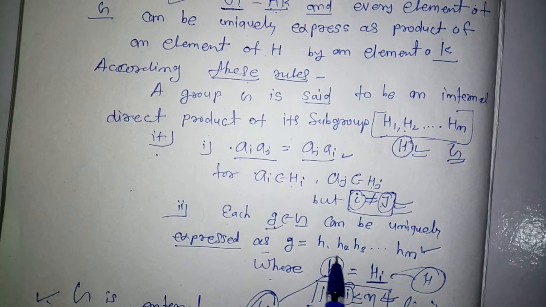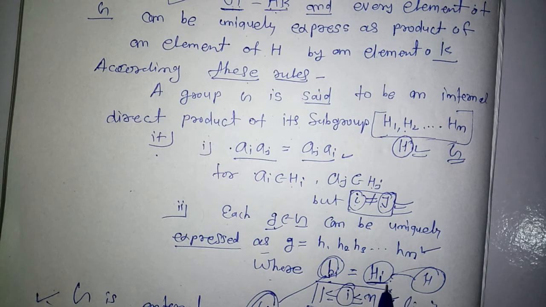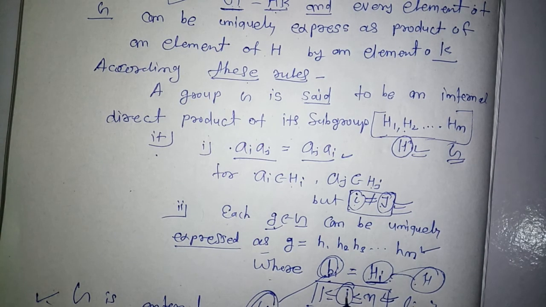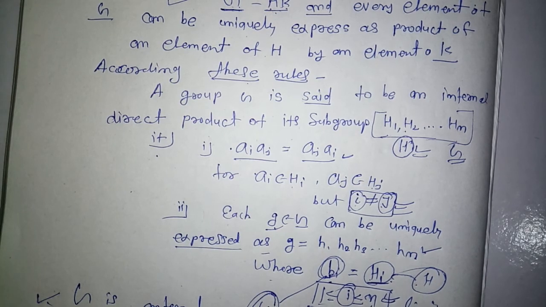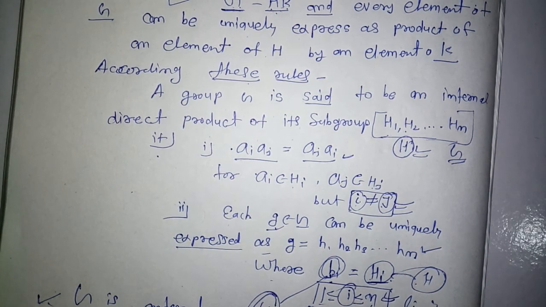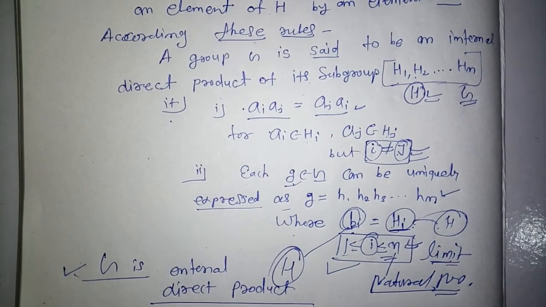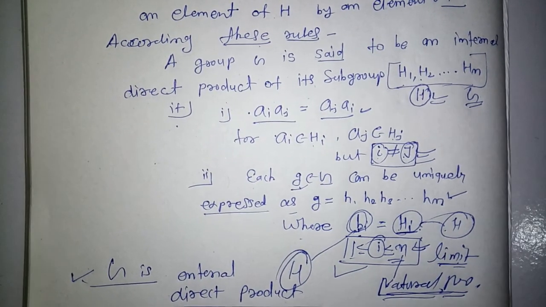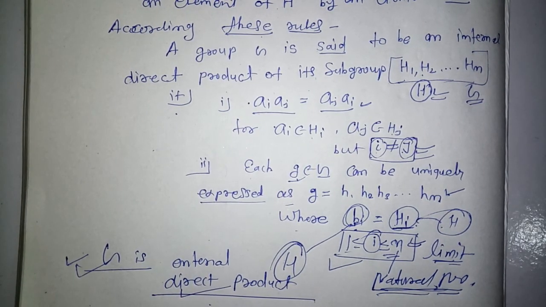Okay students, Hi is a subgroup of G. Okay students, because i is limited by 1 less than or equal to i less than or equal to n. Okay students, n is any natural number. Then we can write here G is a direct product.